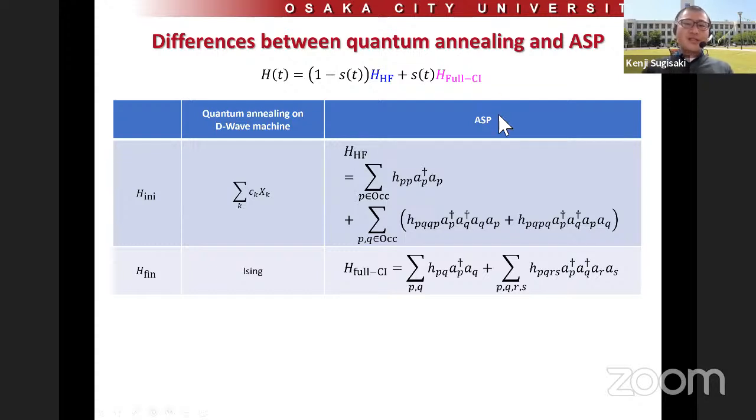But in adiabatic state preparation, we start from the Hartree-Fock operator as an initial Hamiltonian. So the Fock operator is written as shown here, and the final Hamiltonian is the electronic Hamiltonian.